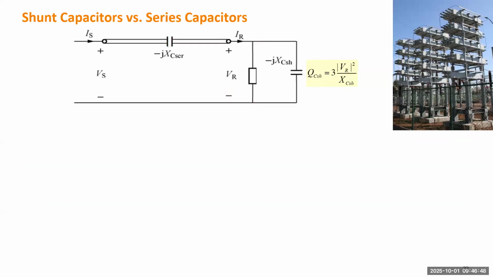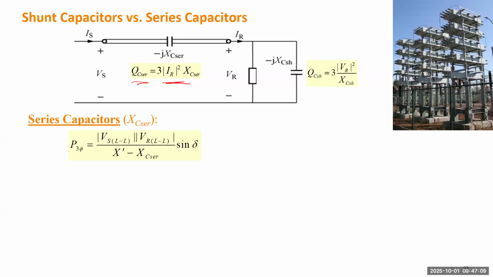So that's a drawback. Let's talk about the series capacitor. For a series capacitor, the Q is also changing, but proportional to the current squared. It doesn't depend on the voltage on the load.